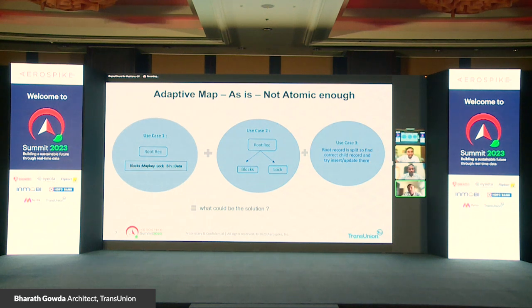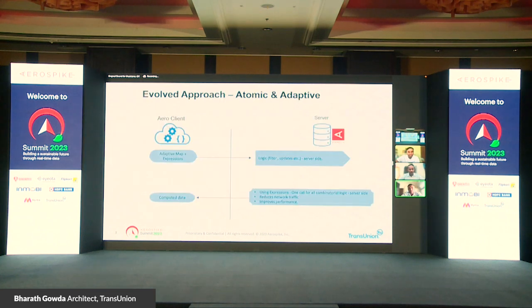If it is split, identifying the right child record and adding to that. So this was not automatic enough. We could not scale up with this kind of transaction, not through batch or asynchronous calls. So we had a limitation here.